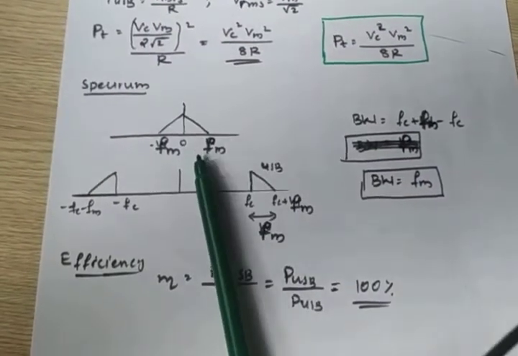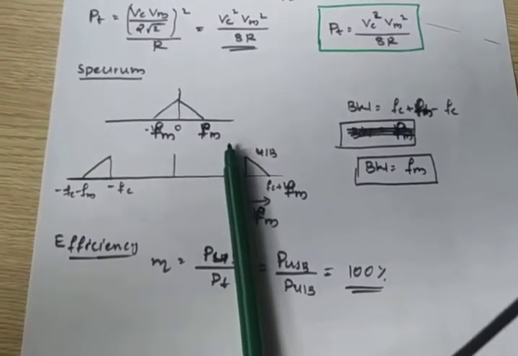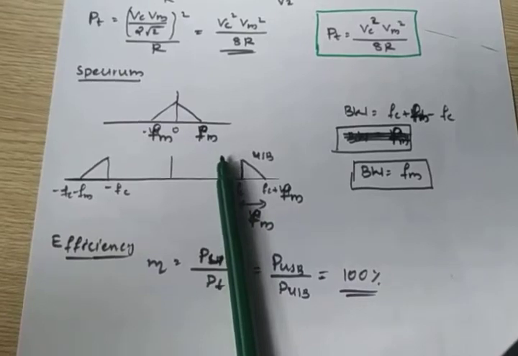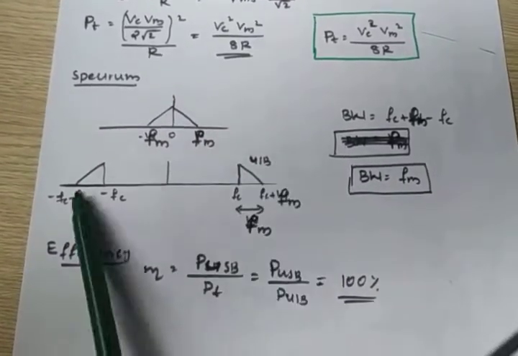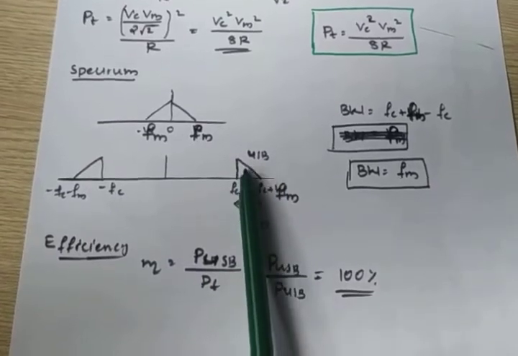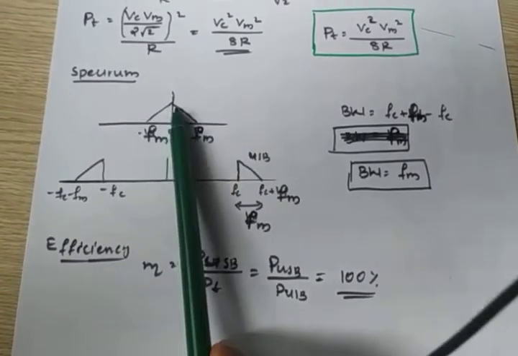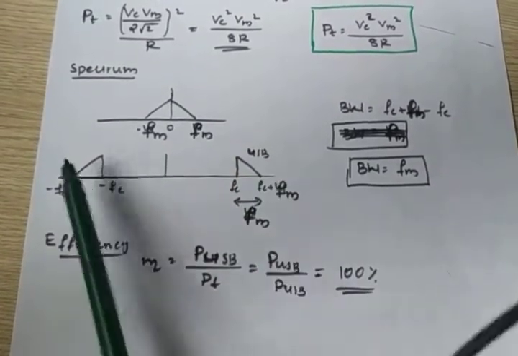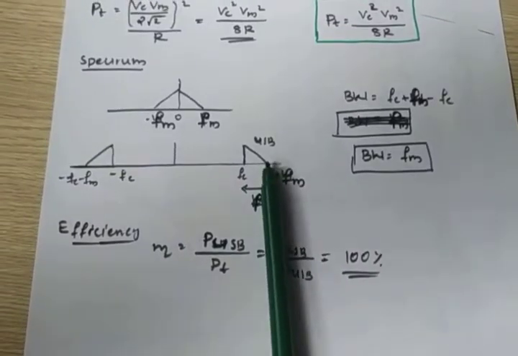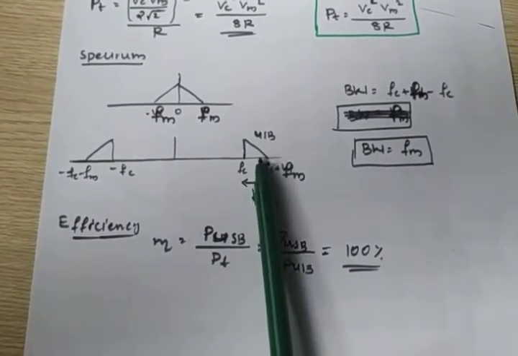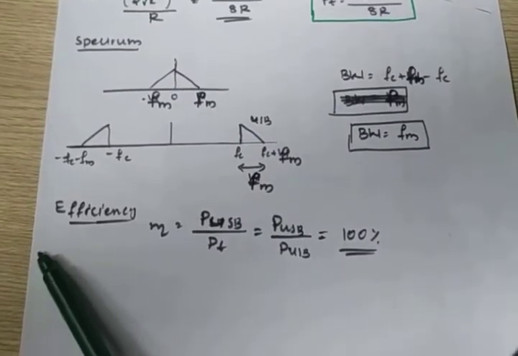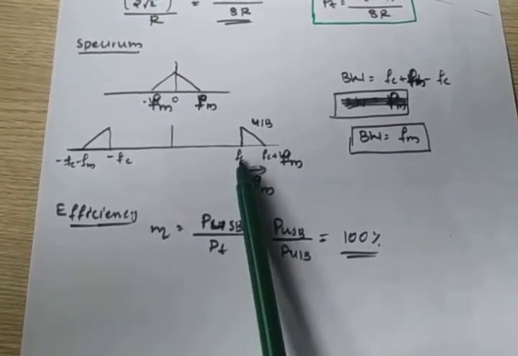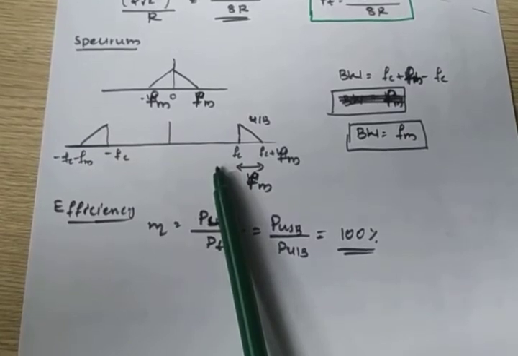This is the spectrum of the transmitted signal, the spectrum of SSB. Listen here, this is shifted here and here, but only one sideband is transmitting. The upper side is transmitting in this system. So what is the bandwidth here? In double sideband we have bandwidth 2 Fm.